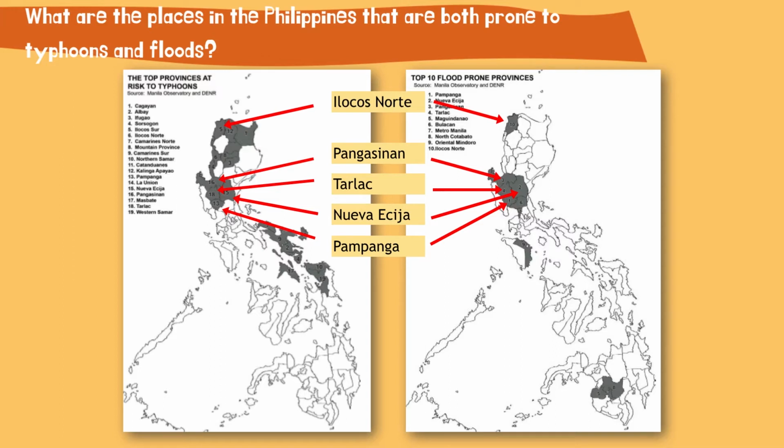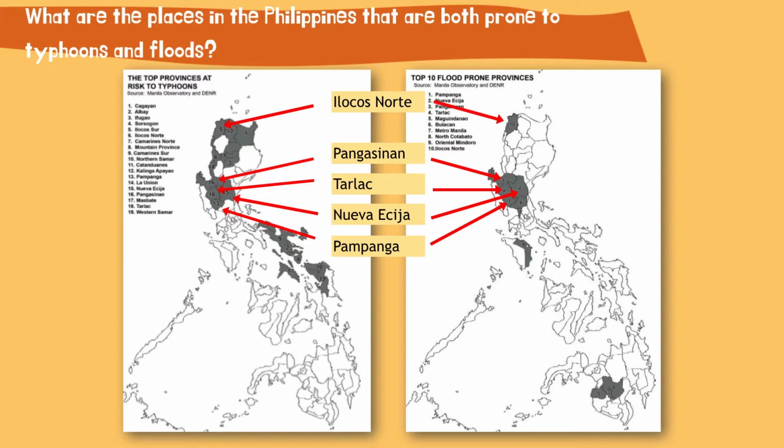For the second question, what is the importance of using a hazard map? The answers may vary, but here is a sample answer. A hazard map provides important information to help people understand the risks of natural hazards and to help mitigate disasters. Were you able to answer it correctly?